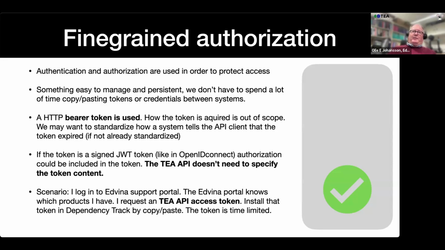We will not specify the content of the single token, but we will specify that you'll have a token and how you're going to use that in the HTTP API. But this is something for the actual implementation to sort out.